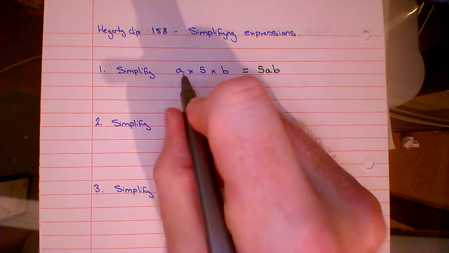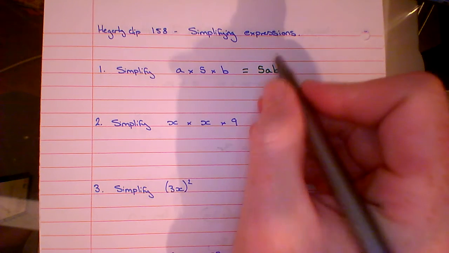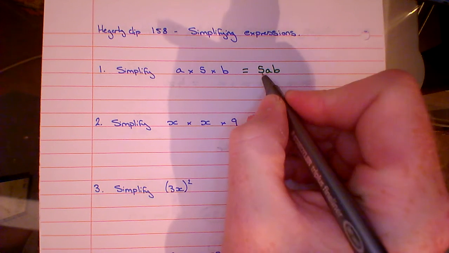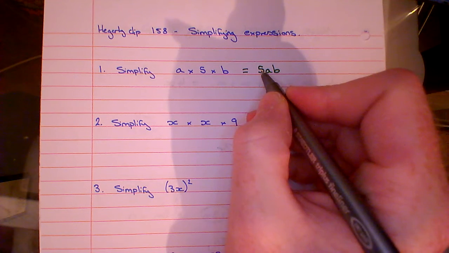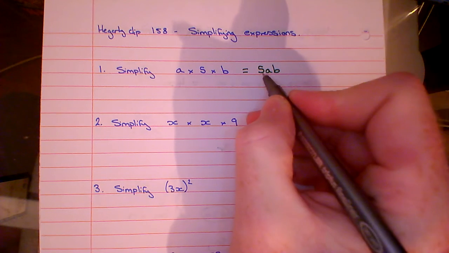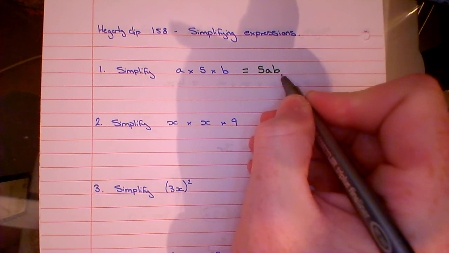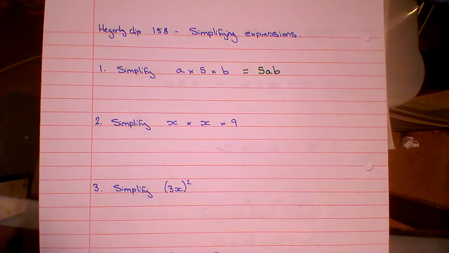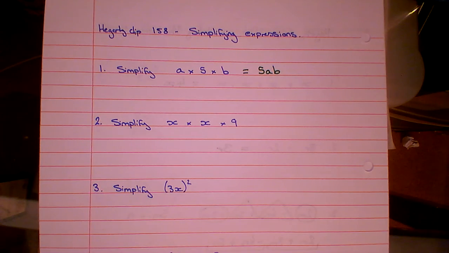So even though this is written a times 5, I'm going to put it as 5a. Okay, just mathematical convention, numbers go first, letters come second, and the letters go in alphabetical order. So this means 5 times a times b, okay, which is the same as a times 5 times b.